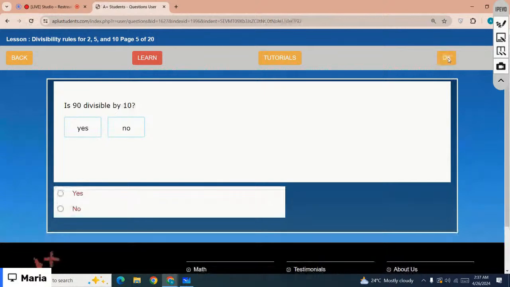Is 90 divisible by 10? Which is the correct option? Yes, it is. The correct option is yes.